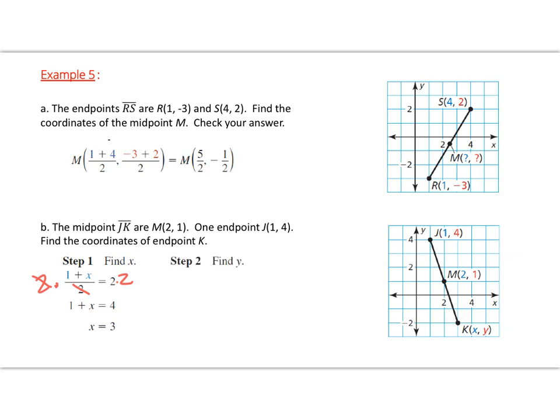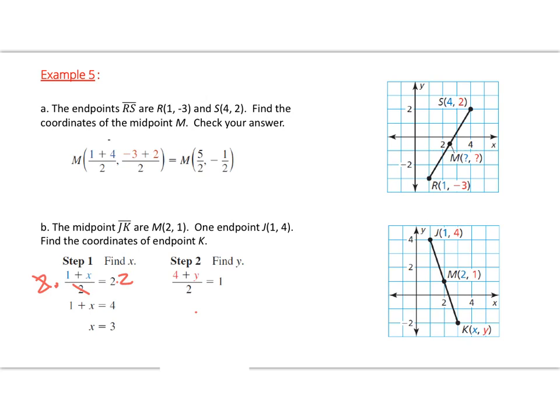Now let's find the y, that's our second step. So we set up our equation. Again, you've got your y coordinates, so 4 plus y, the other endpoint's y coordinate which is unknown, divided by 2 equals 1. So again, we're going to multiply both sides by 2.